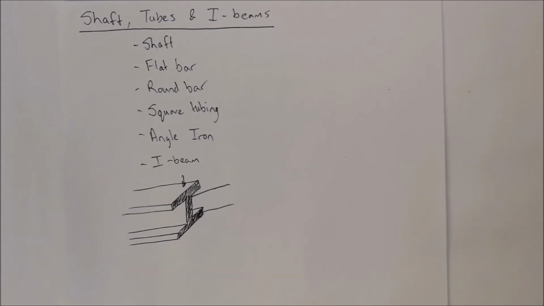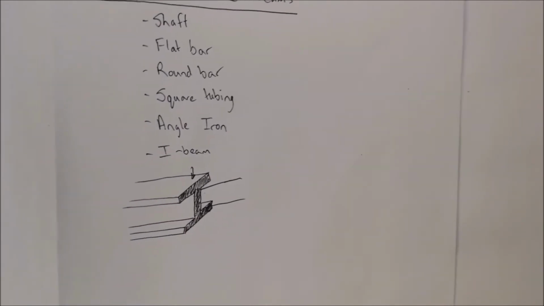Okay, so now we've looked at the different types of shafts, tubes and I-beams, and this is important to keep in mind, because what happens if you have to design something? I'm just going to give a few examples over here.